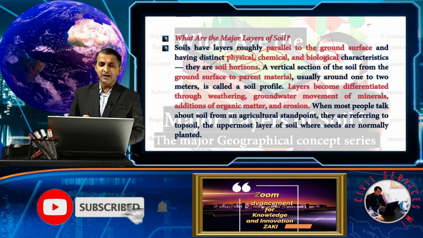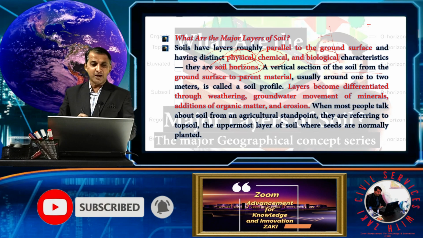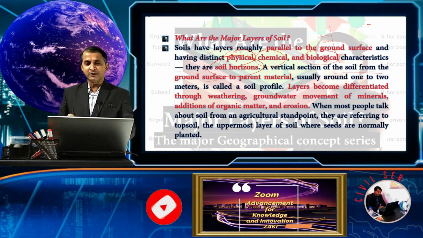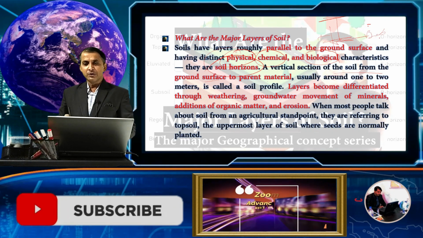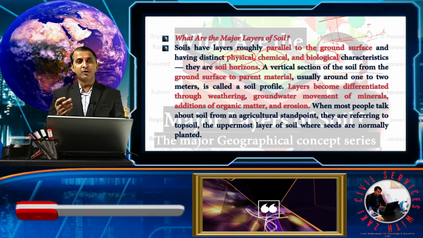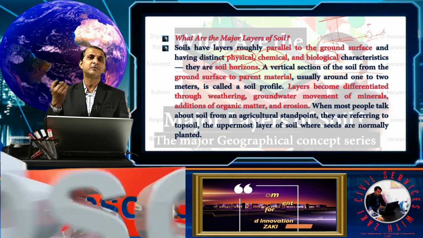Soil horizons are vertical sections of the soil from the ground to the parent material, which means bedrock. From the bedrock to the ground, these are divided into several layers.